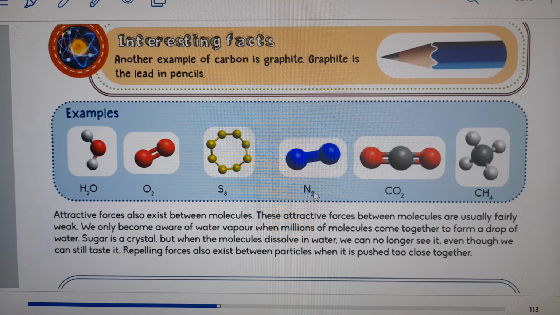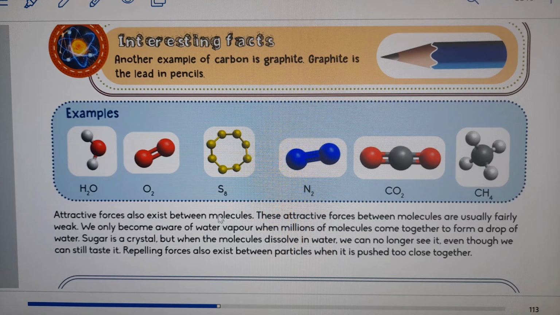And we have nitrogen gas, 2 nitrogen atoms, and carbon dioxide, 1 carbon and 2 oxygen joined together. Please take note that with the compounds, they are joined together. And we have CH4, which is methane. We have 4 hydrogen joined to a carbon atom.